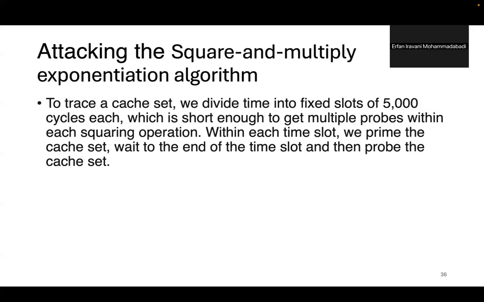They prime the cache set, basically filling the targeted cache set with known memory addresses. Then they wait until the end of the time slot to allow the cryptographic operation to execute. And in the end, they probe the cache set and measure the time, which determines whether the primed cache lines were evicted or not.